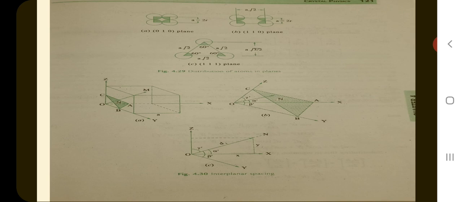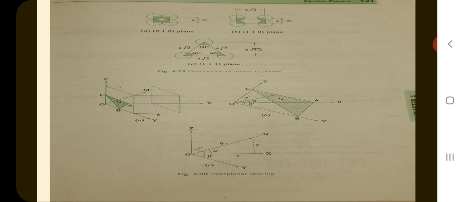Let alpha dash, beta dash and gamma dash be the angles between coordinate axes x, y, z respectively and ON.